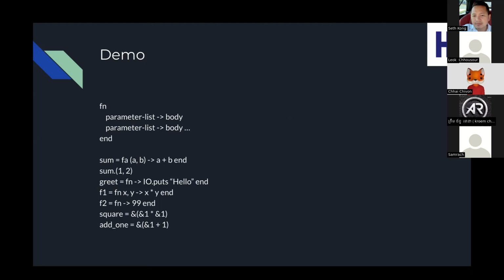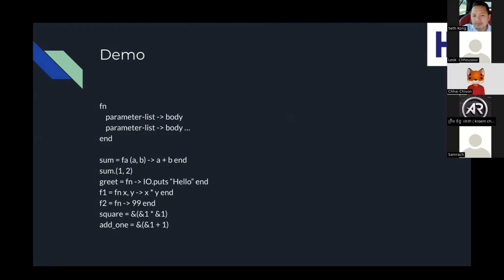This is different from other languages because it's just one function, but you define multiple bodies. You can have 5, 6 lines of it, and each line is its own function. If you were to define this in another language, you would have to define 5, 6 functions. But in Elixir, you just define one function, with different sets of parameter lists and different sets of bodies.